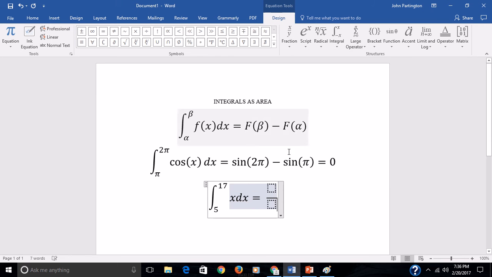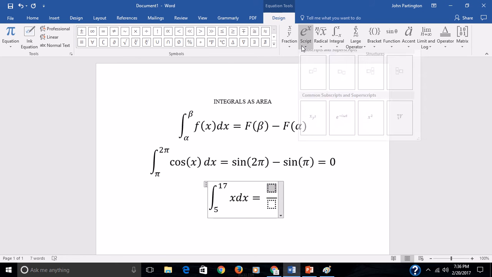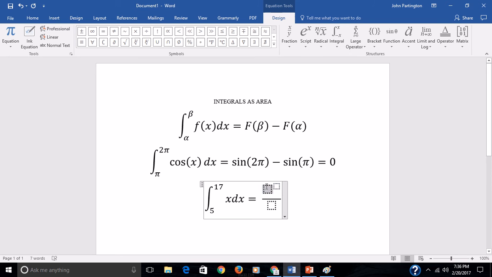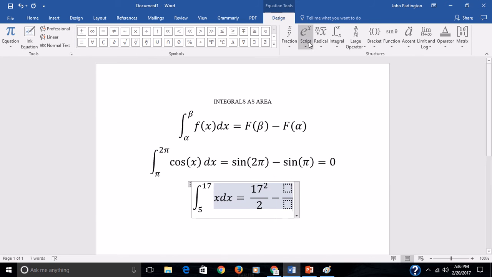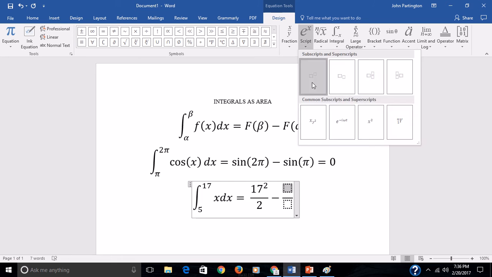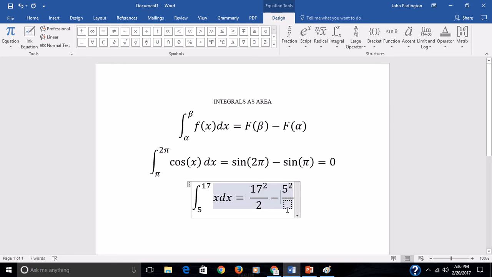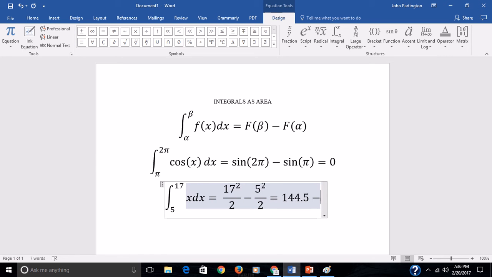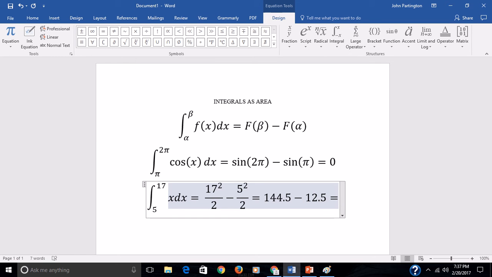So we're going to have 17 squared over 2 minus 5 squared over 2. This is equal to 289 over 2, which is 144.5, minus 12.5, because that's 25 over 2. That's going to be equal to 132.